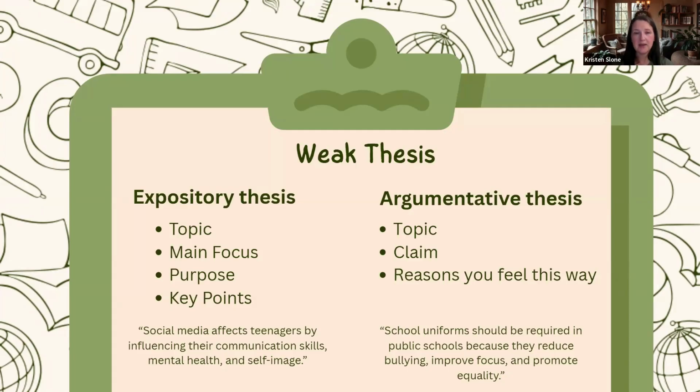Social media, that's my topic, affects teenagers, that's my main focus, by influencing their communication skills, mental health, and self-image. So my purpose here is not to argue a point. I'm just telling you these are the ways in which social media affects teenagers. Okay. And I've been specific. Here's the key points I'm going to identify in the body of my essay.